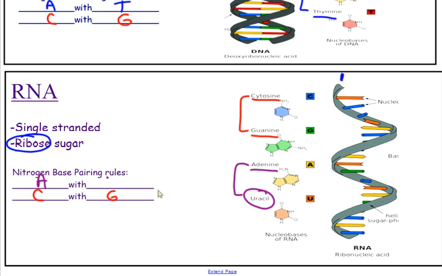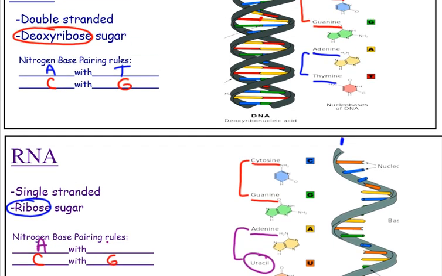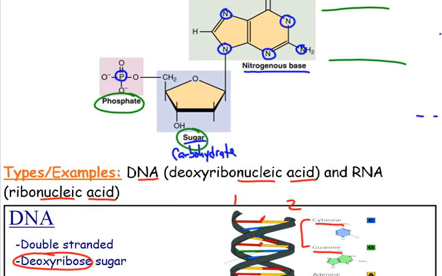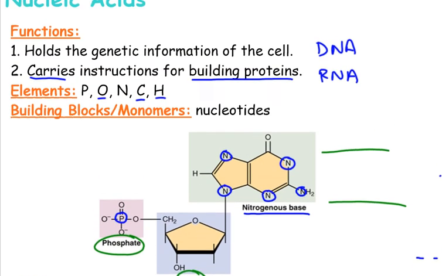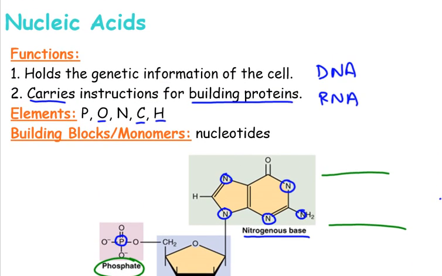We will be spending a lot more time understanding what function that has in the building of proteins, and how that works. How is a protein made from the instructions of DNA? But for right now, it's just understanding the basics in regards to what elements are around, what's the building block, and how does it compare to our other three biomolecules. So that makes the end of our information.